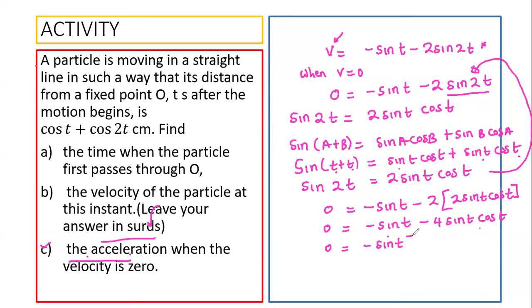Okay. What do we get? Into 1 minus 4 cos t. No, we get 1 plus 4 cos t. Okay, good. So how can we now go from here?